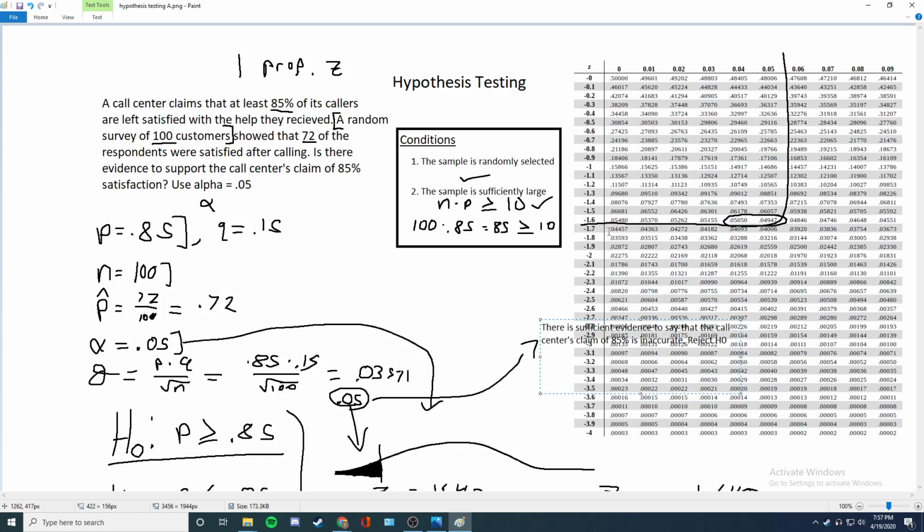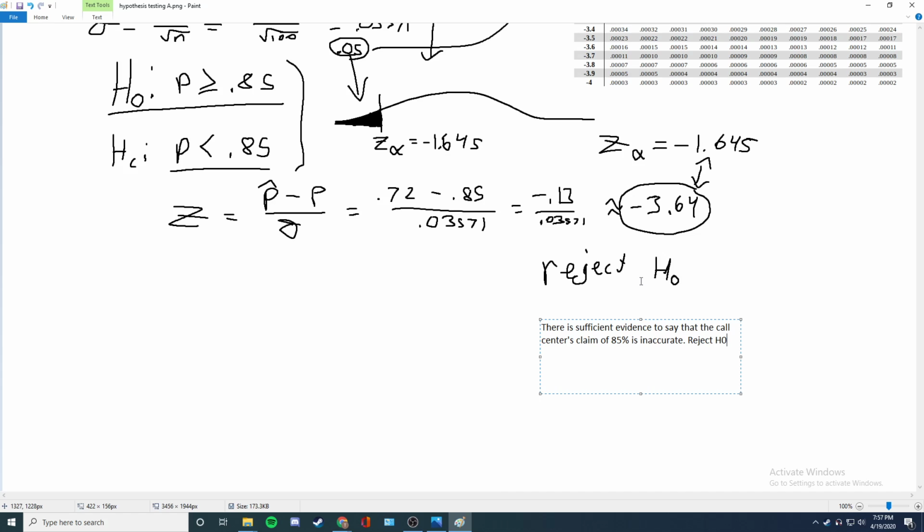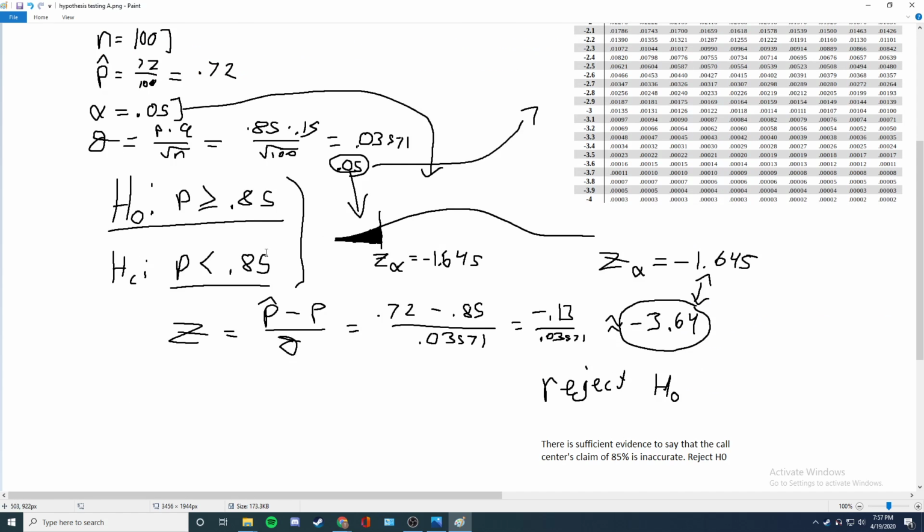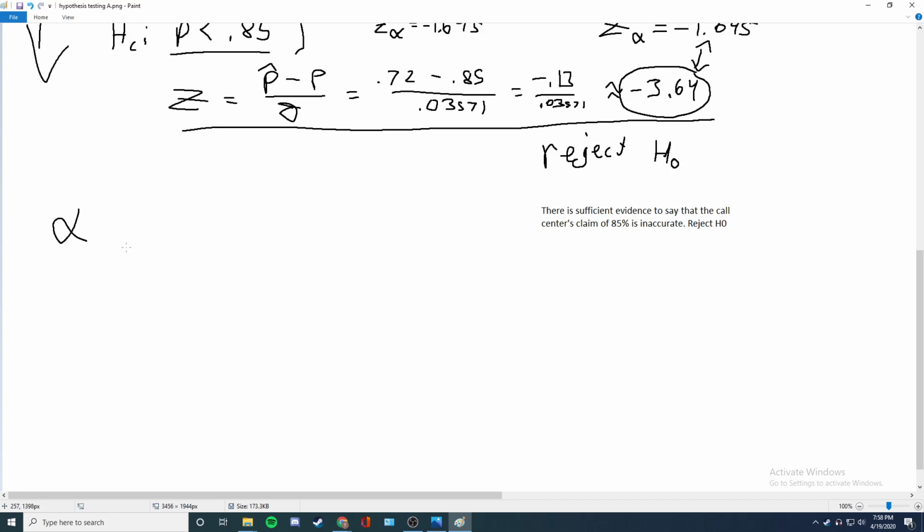Okay, so you might not have liked the Z stuff, but there's also one other way that we can solve this test. We can take this alpha value, and we will actually have to find the Z for the sample anyway. So we can take the alpha, which is 0.05, and the Z, which we found to be -3.64.